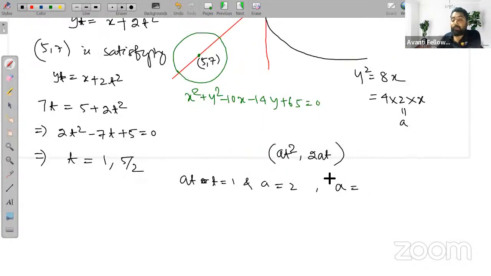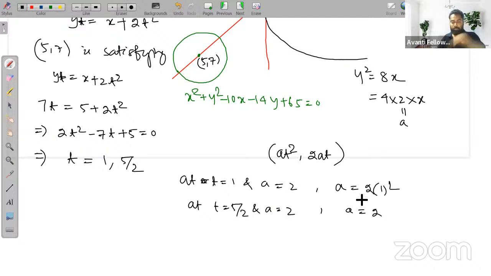One is 2 into 1 squared, and at t = 5/2 and a = 2, I will get 2 into (5/2) squared. Then what is capital A?